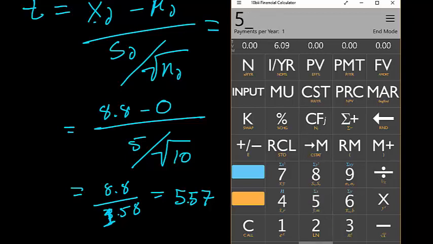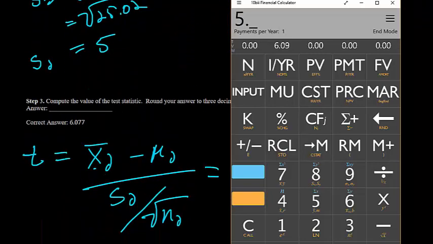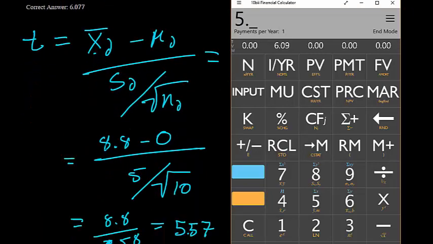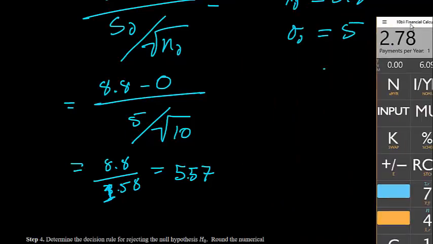Well, we didn't calculate it out that far. 5 divided by 1.58 gives 3.16 and 8.8 divided by that gives 2.78, and now we're all over the place.